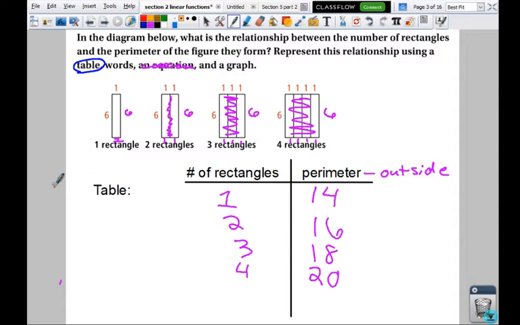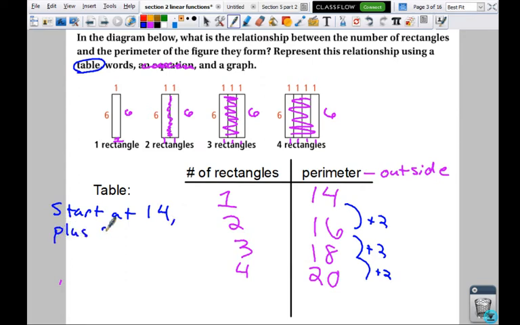How much am I changing by each time? 2, right? That's a plus 2, plus 2, plus 2. So for my words, I'm going to say, start at 14, and then plus 2 each time. That's the words I'm going to use to describe this.